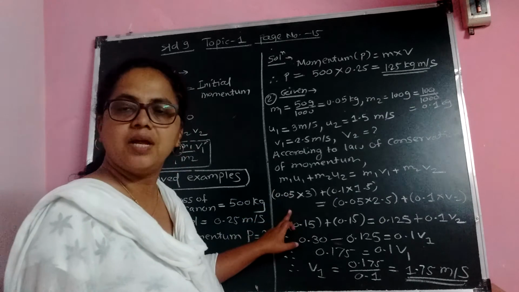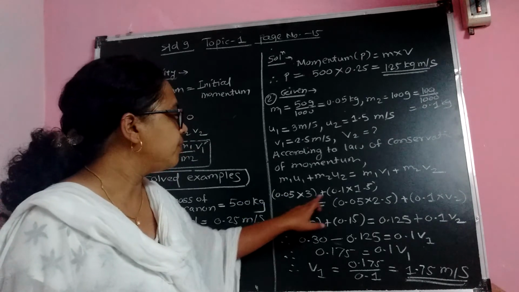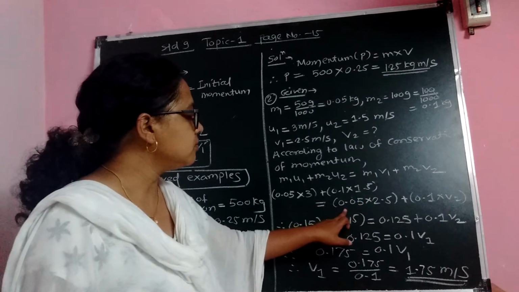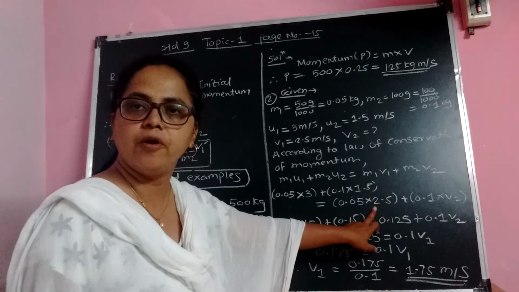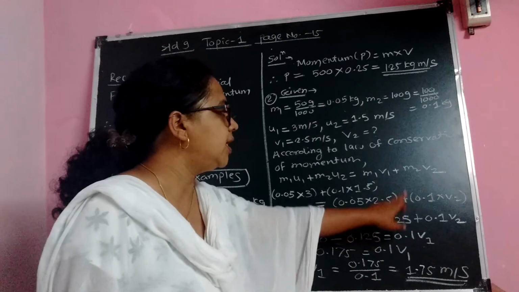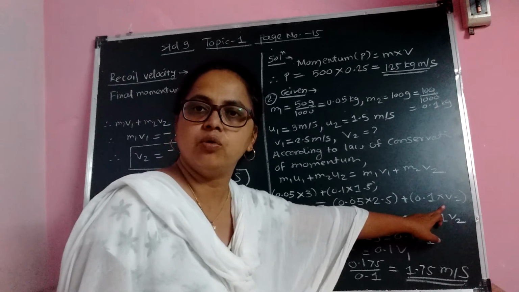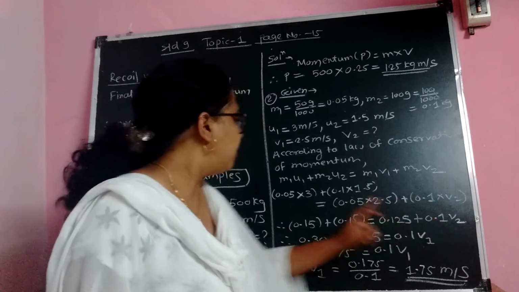Then put all these values: 0.05 into 3 plus 0.1 into 1.5 is equal to 0.05 into 2.5 in bracket, plus sign as it is, 0.1 v2. You have to determine v2, so keep it as it is. Multiply.